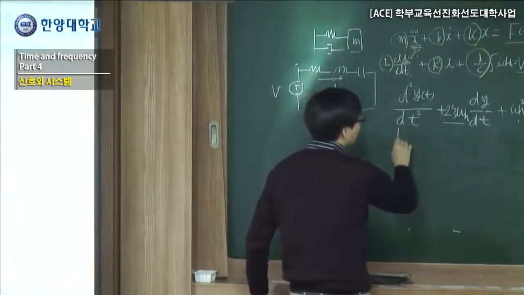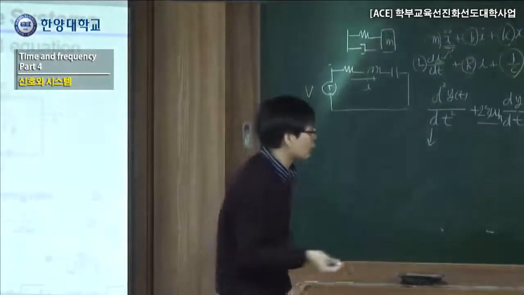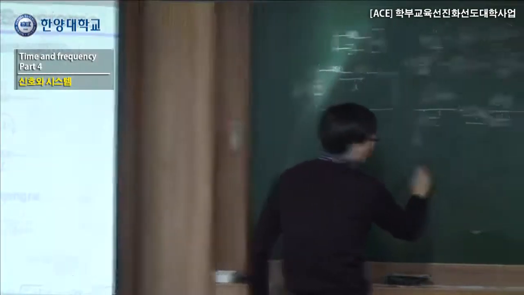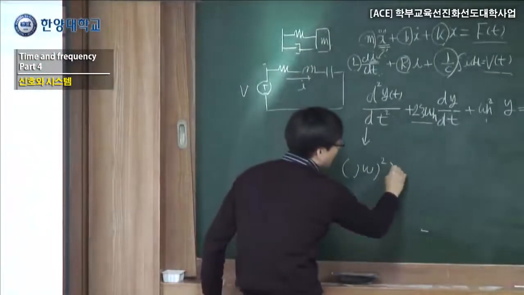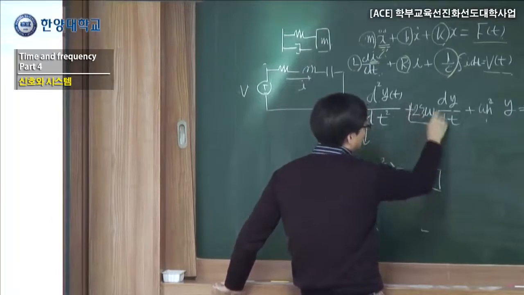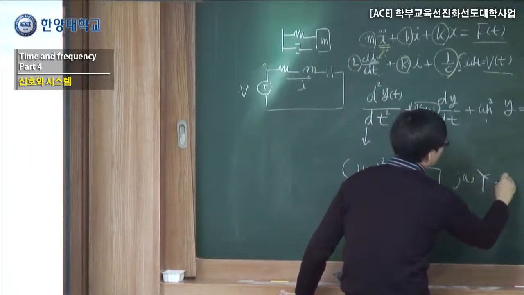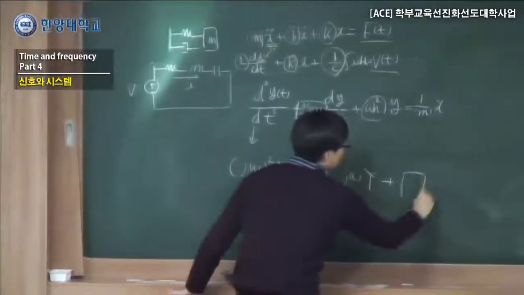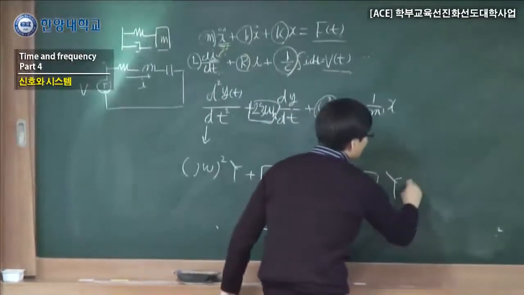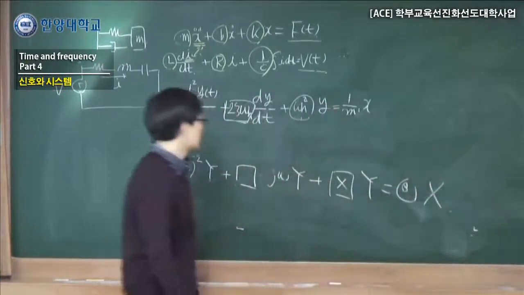When you do the Fourier transform of this second order differential equation, it becomes (j omega) squared y, plus some constant times j omega y, plus another constant times y, equals some other constant times x.